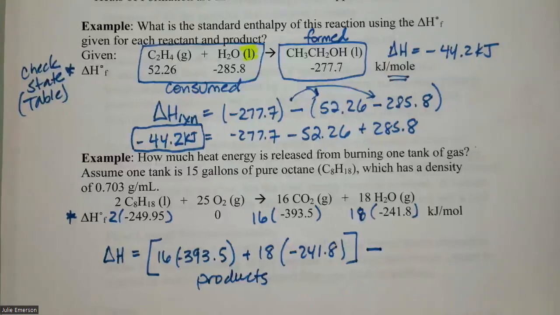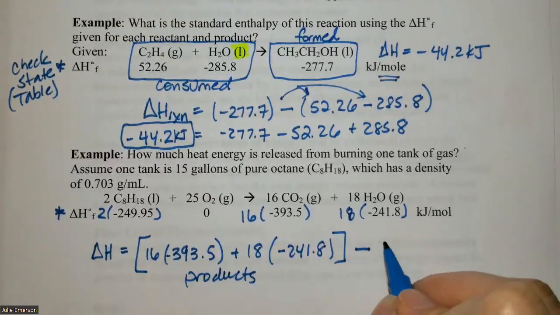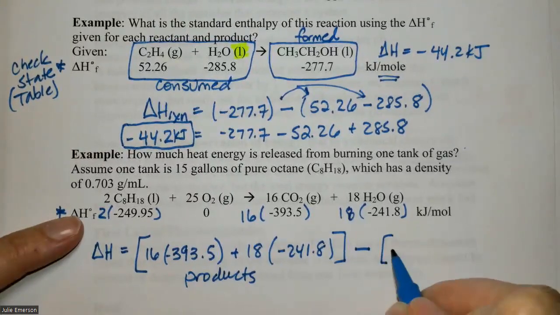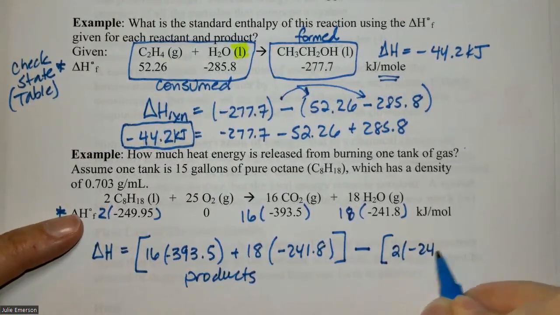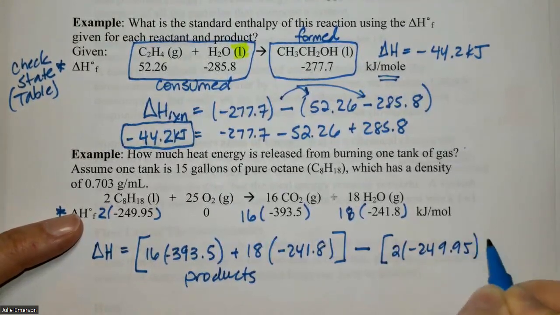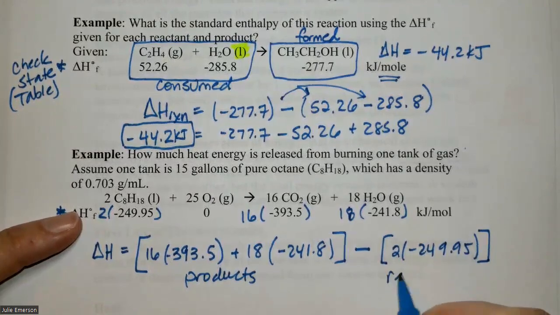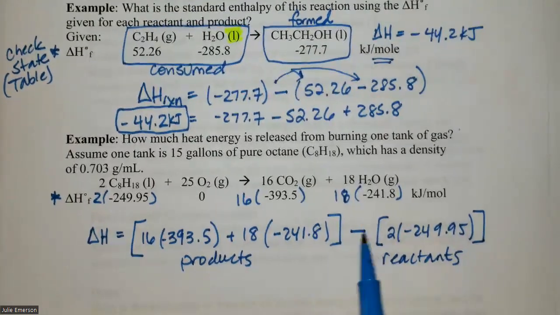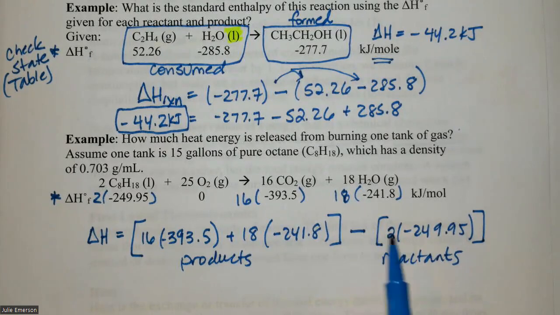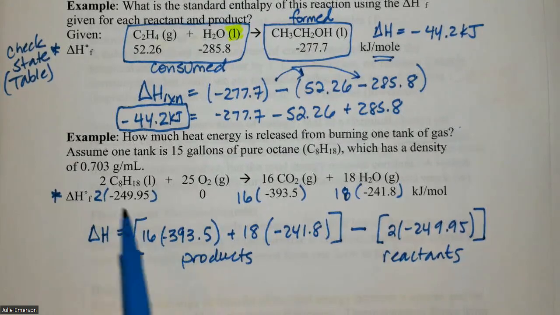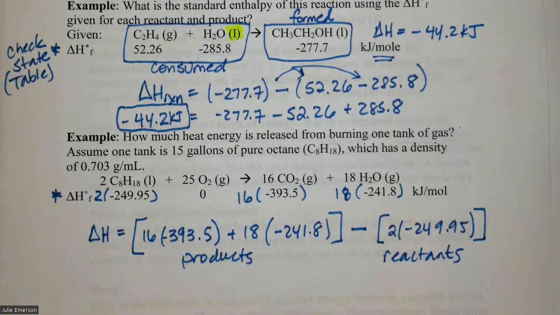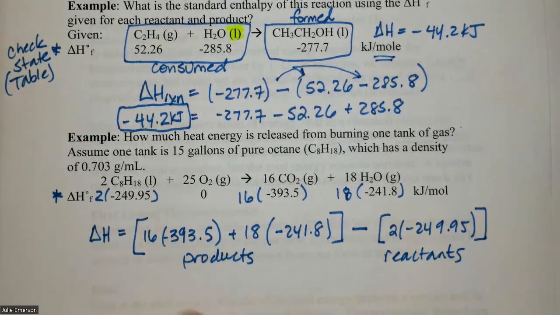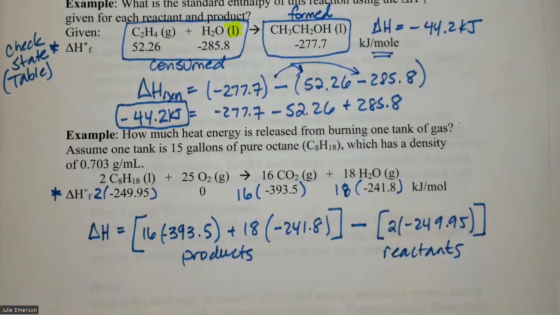And then I would minus on the reactant side, I have 2 times negative 249.95. All right, so these are my reactants. Okay, so as I mentioned, when you subtract the negative, it's going to become a positive. So any reactant, basically, if you want to just think, I'm just going to add them all together. If you do that, just change the sign of the reactants or keep it this way, products minus reactants.